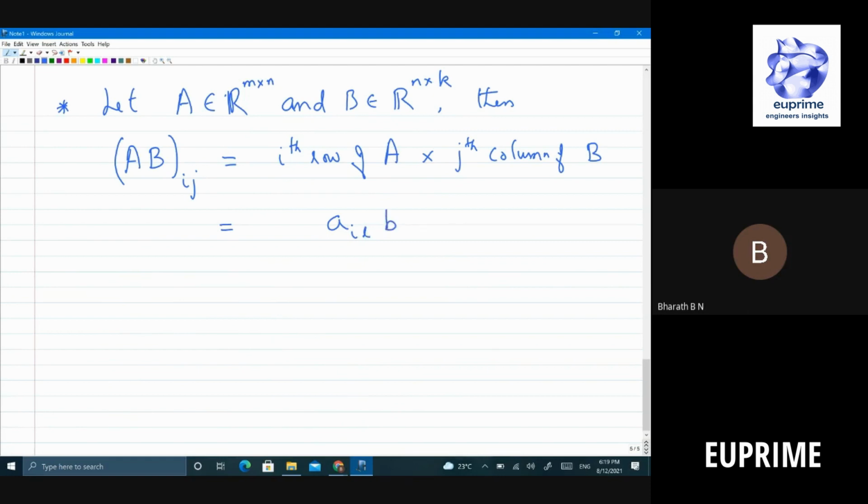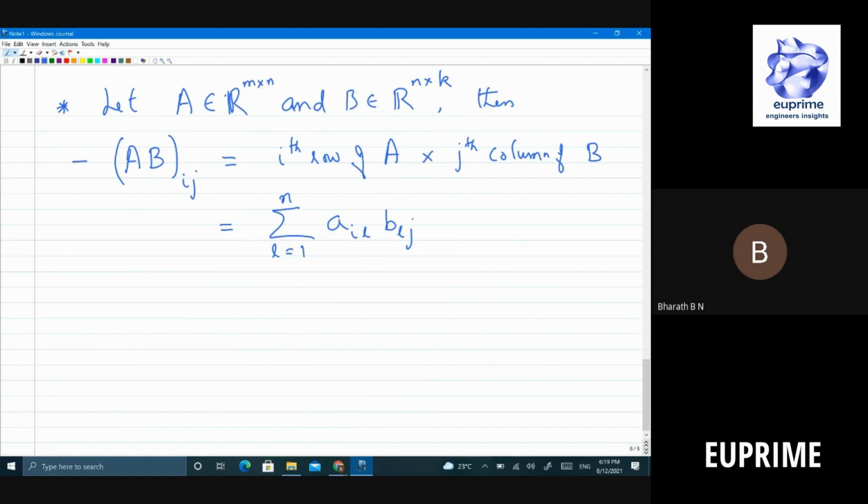And in B, I should look at the lth row and jth column. So I have to sum it over all l. L goes from what to what? L is the number of columns, so this is n. So the ijth entry is A_il B_lj, summation over all l. This is very easy.